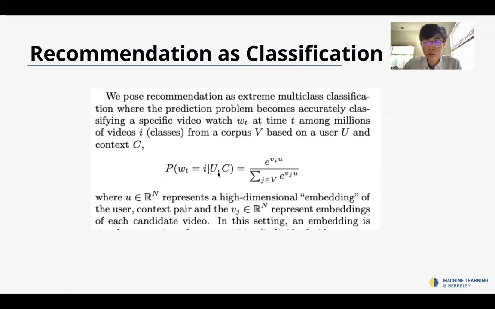This just means the predicted probability of the user watching that video at a specific time is: first you compute the dot product between the user and video embeddings, and then you take the softmax of that, right? This means taking the exponential and then dividing by the sum of the exponentials. This is just the softmax. The most important thing is this v_i dot product u.